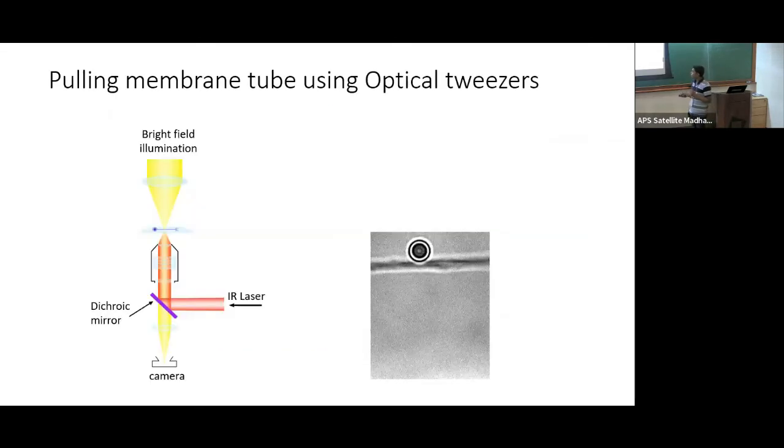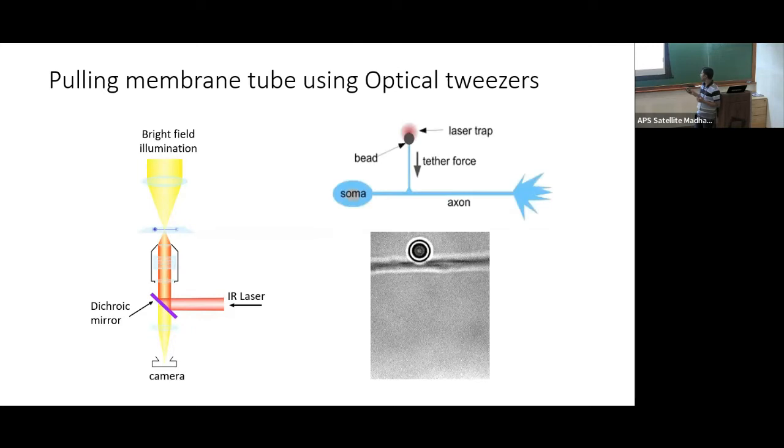So what we do is create a membrane nanotube using optical tweezers. When you tightly focus a laser beam, it creates a harmonic trap for a micron size particle. We can attach those particles to the axon. This is an axon, and then we can pull a membrane tube through it.